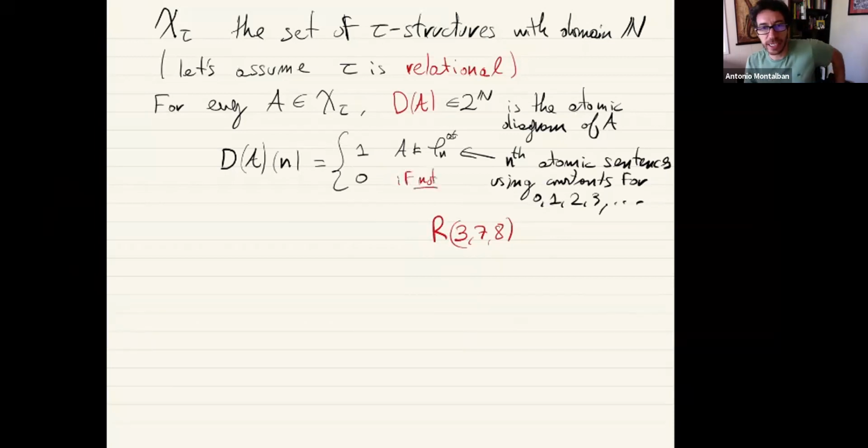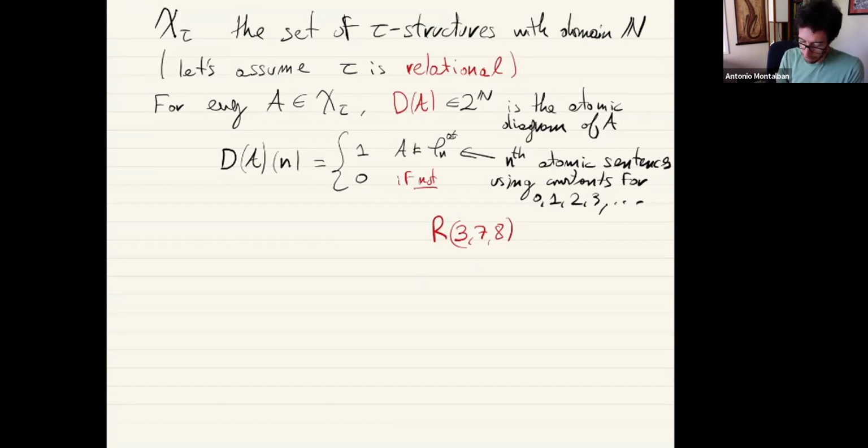Right, so the atomic diagram in general is a set of all the atomic formulas that are true about a structure, naming its elements. So it's a set or a binary sequence, saying 1 for true and 0 for false. Essentially it just contains information about which relations are true on which tuples and which relations are false on which tuples, and that's it.